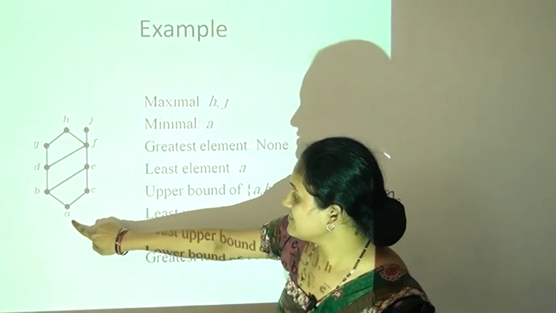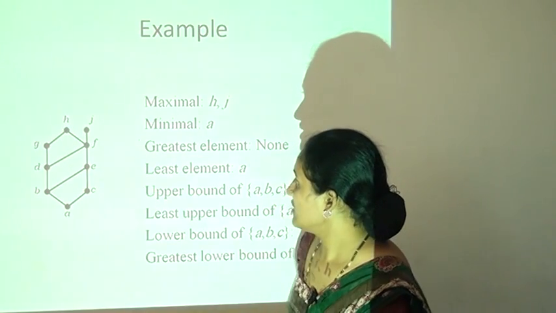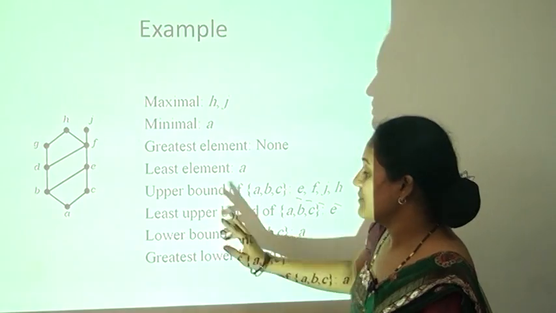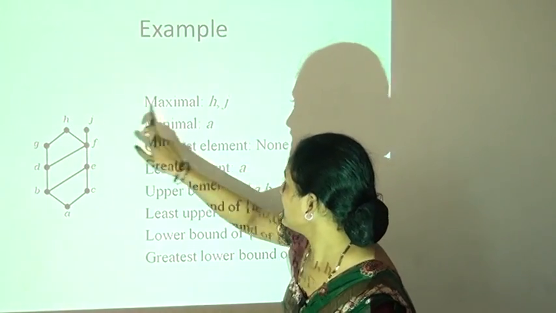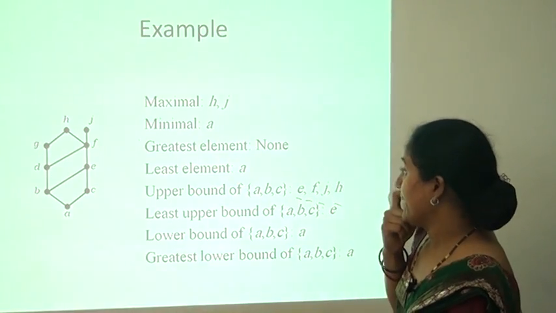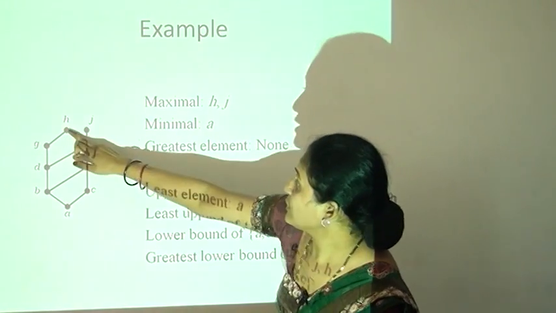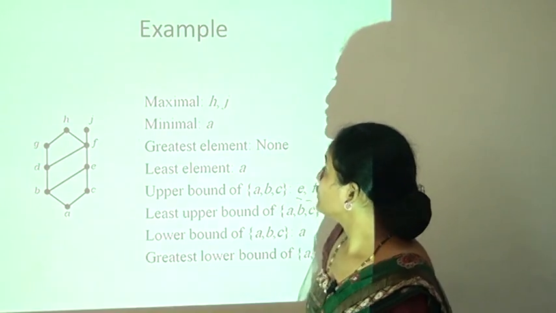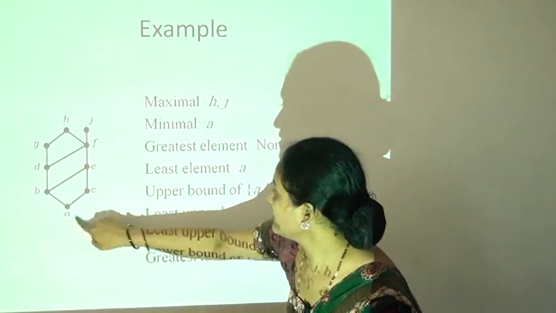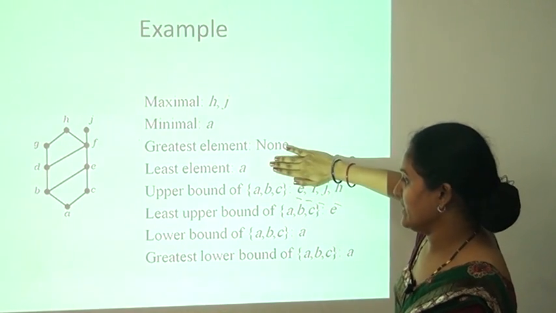So A is the least, H is at the upper side, but there are 2 points. So maximal elements are many, maximal are H and J, but minimal is the single one, that is A. Greatest element, there are 2 elements, so there is no greatest element, and this is the single one, that's why this is the least element.